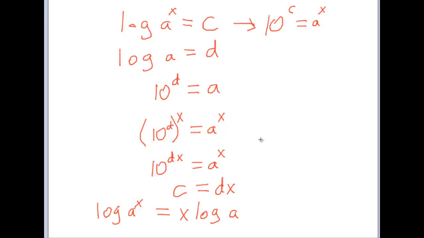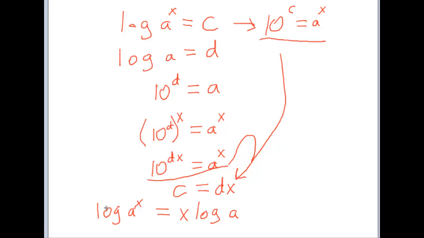Okay, let's look at that again real quick. Log of a to the x is c, means that 10 to the power of c is a to the x. Log of a is equal to d means that 10 to the power of d is a. But if we raise both sides of this equation to the power of x, we get 10 to the dx equals a to the x, which means from between this and this, we know that c is equal to dx.